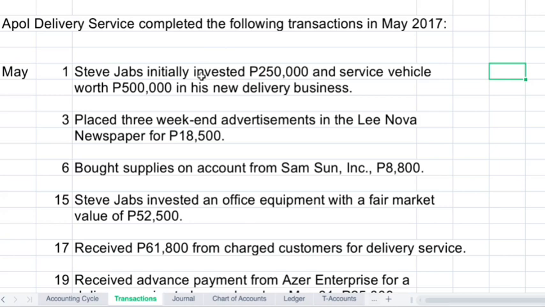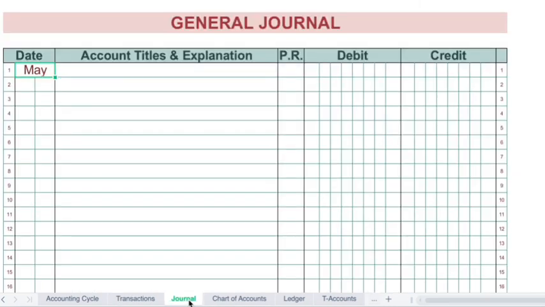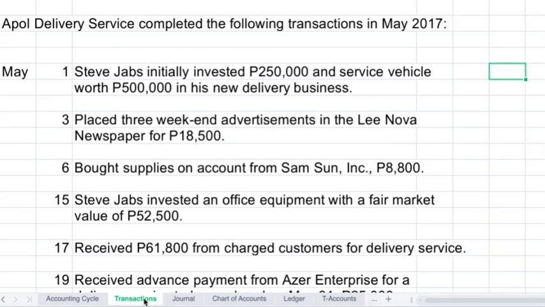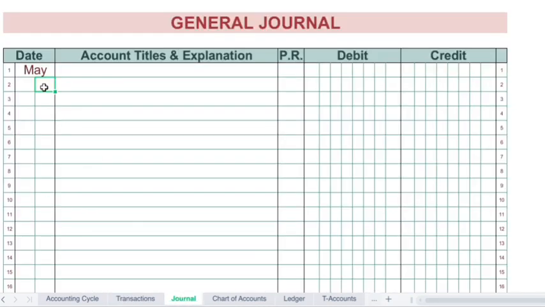So we have 3 accounts affected. All right. So we will put the date first. The transaction transpired on May 1. So we will write here 1. Okay, May 1.